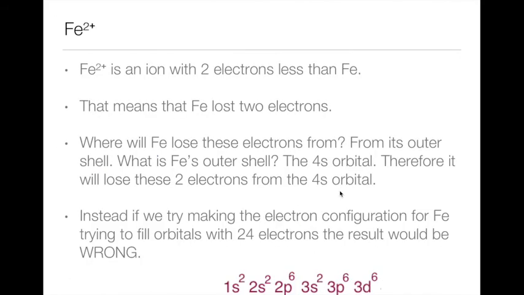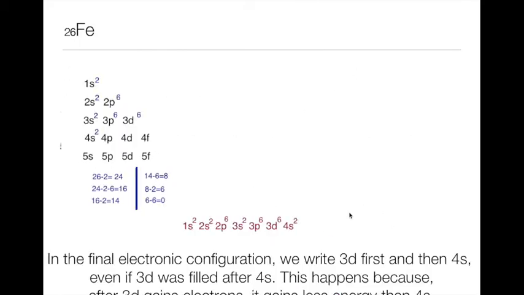Okay. Now let's consider the electronic structure of an ion, the ion of iron. It has 2 electrons less than the iron atom here. So where are these 2 electrons going to be removed from? The 3d6 or the 4s2?